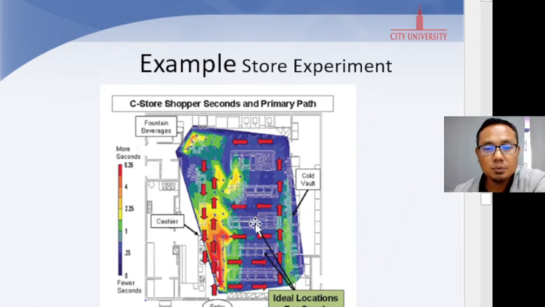Blue we can show as cool, so this is an example of a store experiment. The best ideal location for the snack section, let's say they prefer here, and the cold vault entry, this one, the cashier and the fountain beverages. Even in developing or designing a store we have to do some experiments.